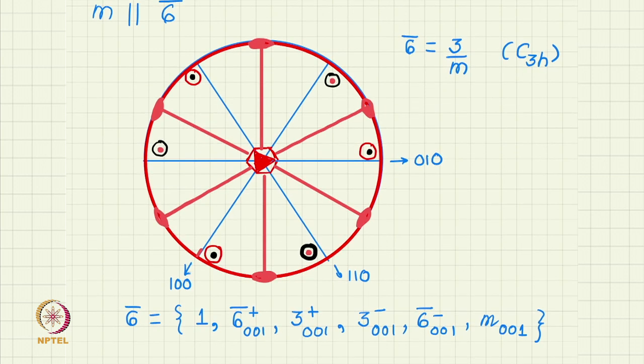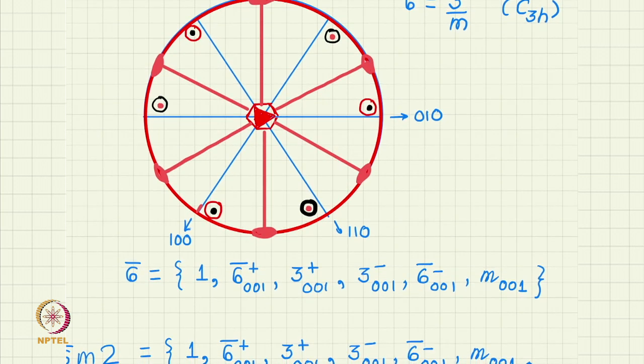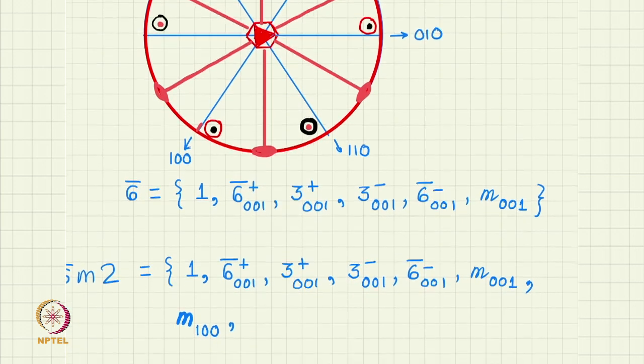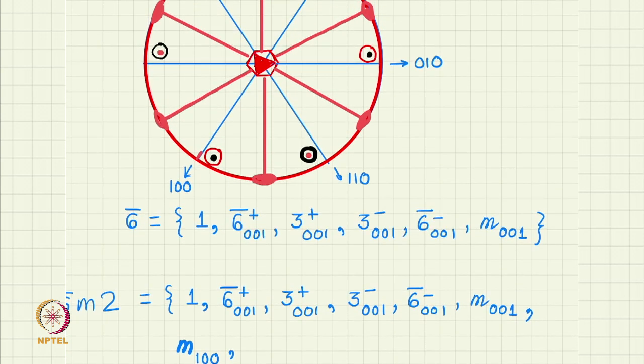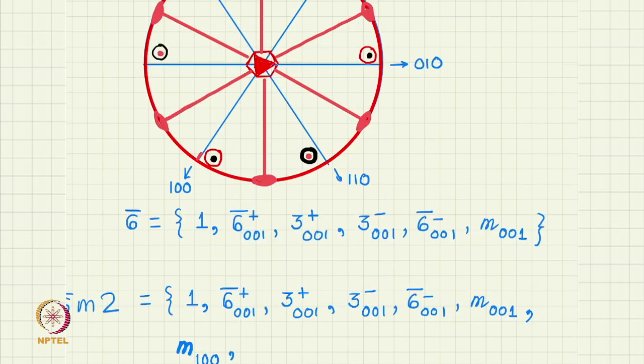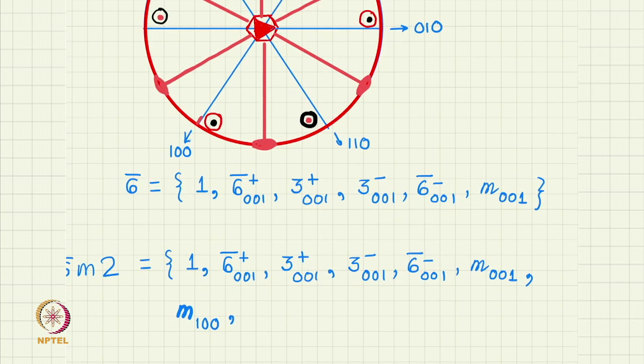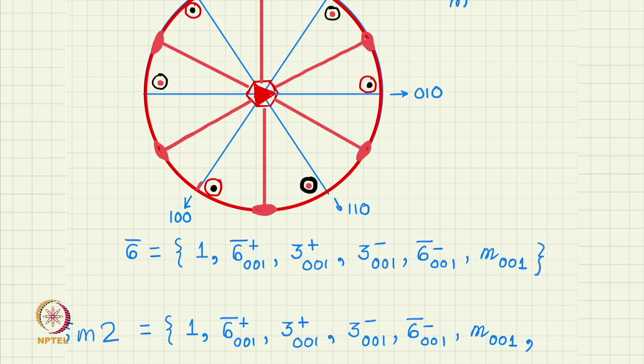It is a group of order 12, as you can see, 12 general positions. So, 12 operations have to be written, 6 have been written, 7th is M100. We have seen that 3 other mirrors got generated. So, I will write those mirrors by their normals.